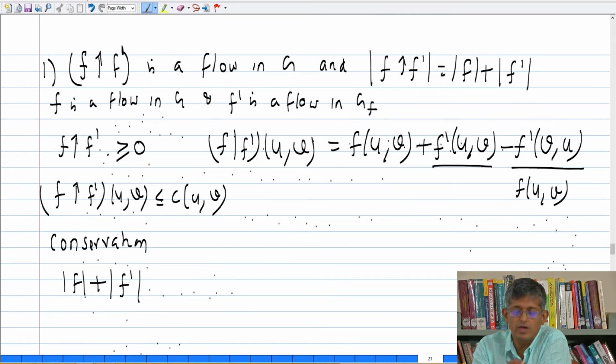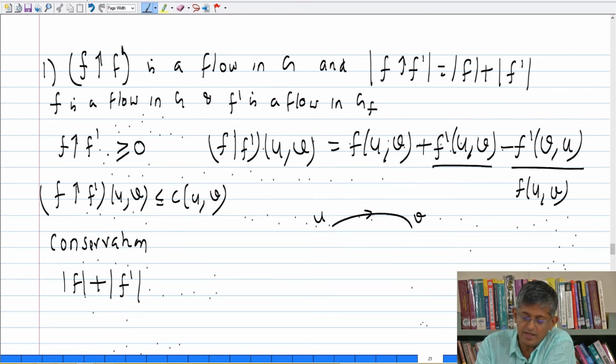Remember that you are looking at a particular edge (u,v). Recall the definition of residual capacity. If you look at f prime, then the value of this is upper bounded by the residual capacity c_f of (v,u). Let me write it that way.